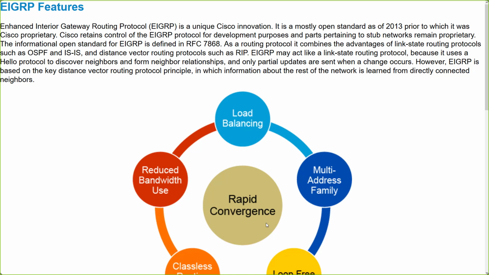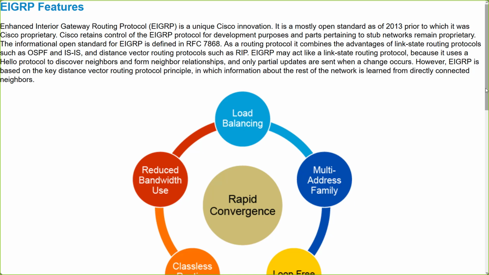Most of its enhanced features like stub routing, stub query scoping, the ability to control kind of scalability features, if you will, of the protocol still remains somewhat proprietary. But the basic implementation, establishing adjacencies, sharing routing information between peers, that kind of thing has been released as an open standard.